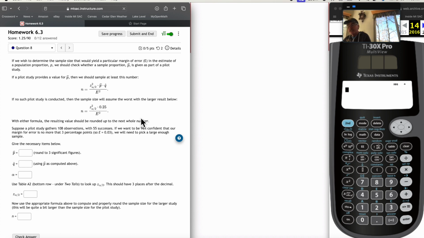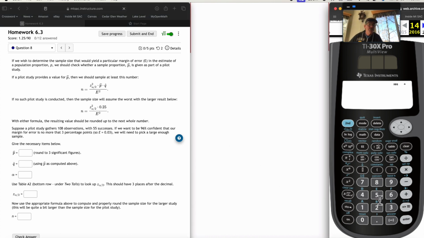So again, the formula is x over n. X is the number of successes, so that would be 55 out of 108. So 55 divided by 108 is 0.509.